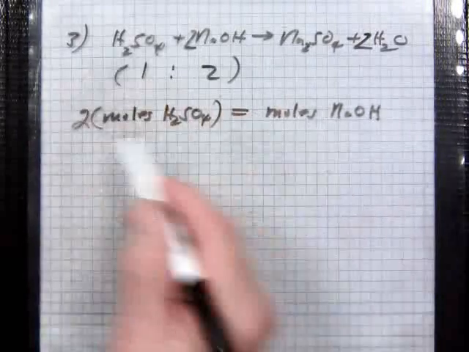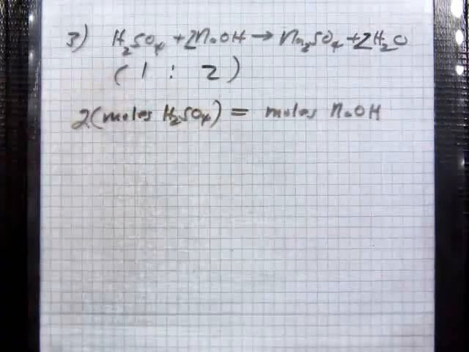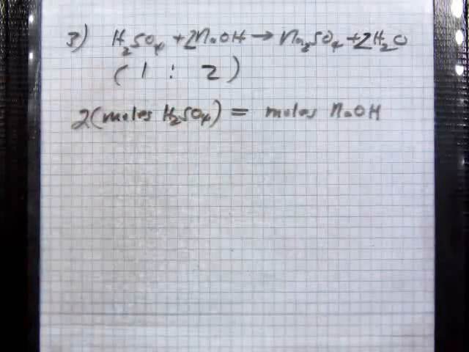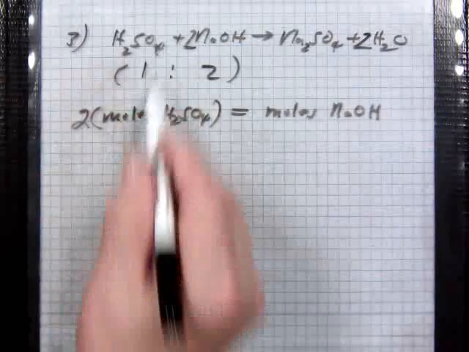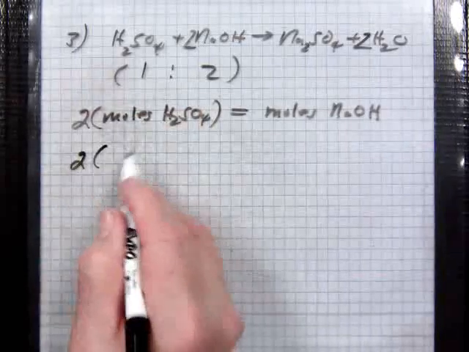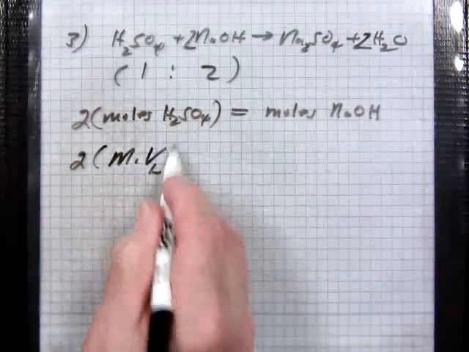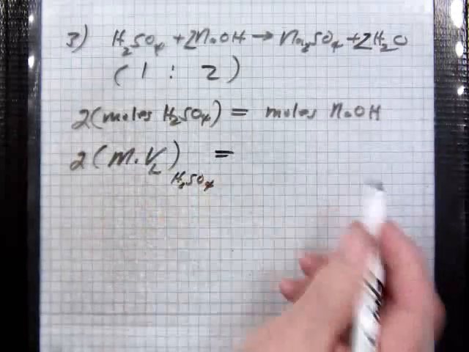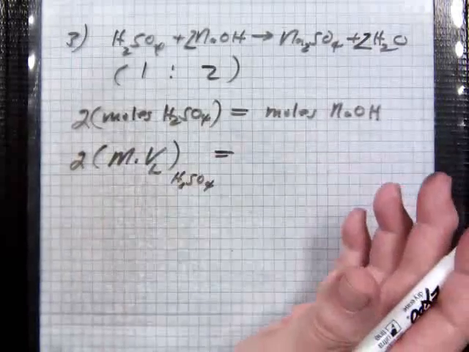So to make them equal, you have to double that sulfuric acid. So what's moles? It's molarity times volume. Over here, our data is given in molarity and volume. Now, I need to stay in liters in this one. And this is going to be equal to moles of the sodium hydroxide.